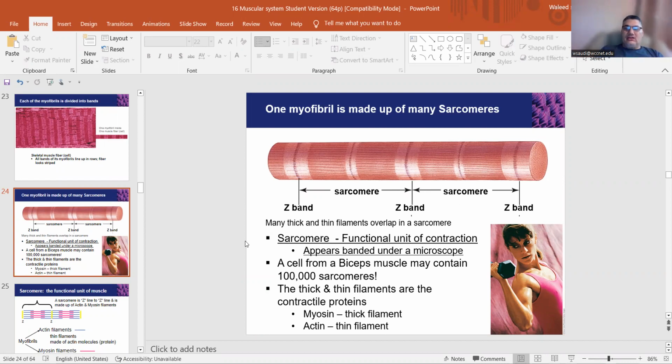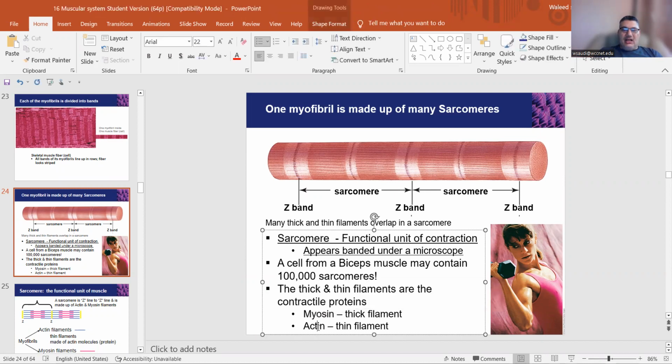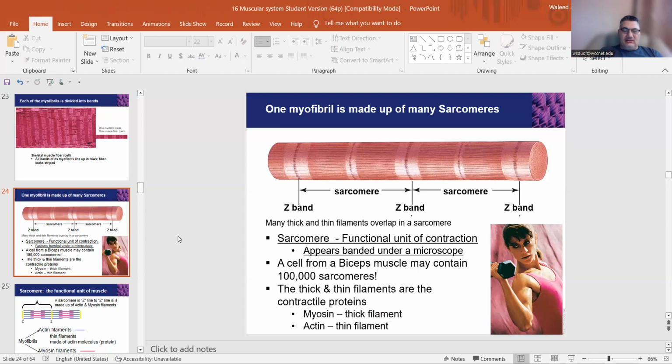How many sarcomeres do we have? Hundreds of thousands, maybe 100,000 or something like this. So this is a fibril. Contractile unit is sarcomere. Since this is a fibril, inside of which we have filaments, the thick one is called myosin, and the thin one is called actin.